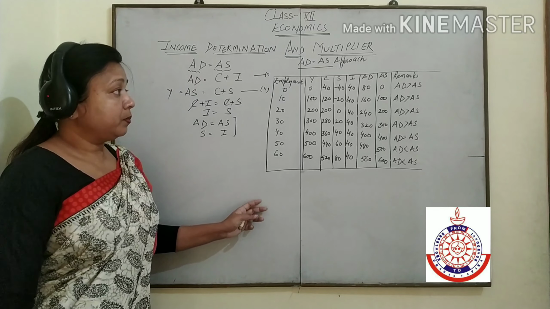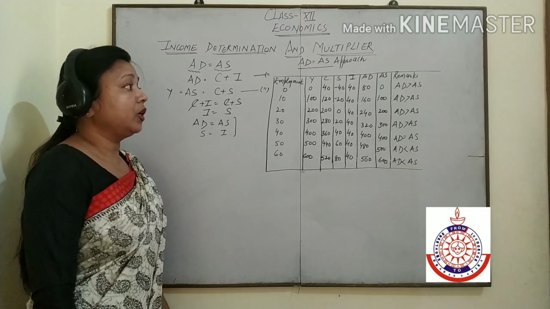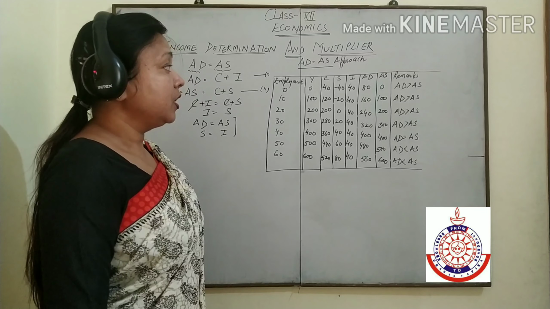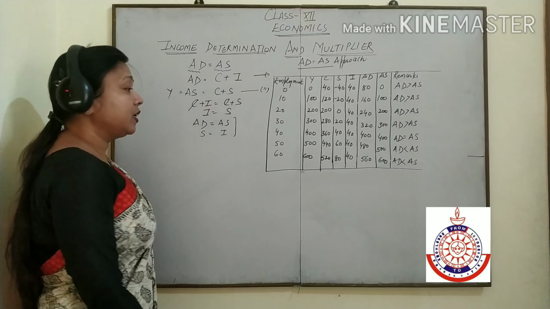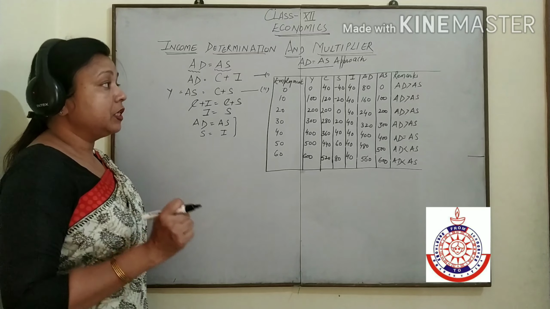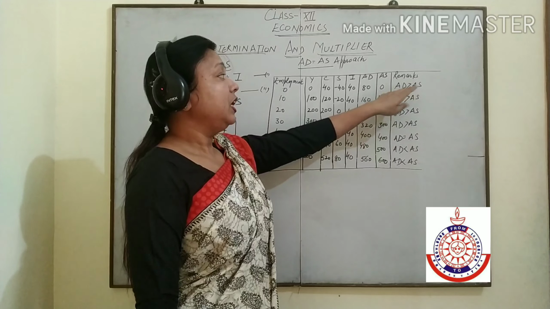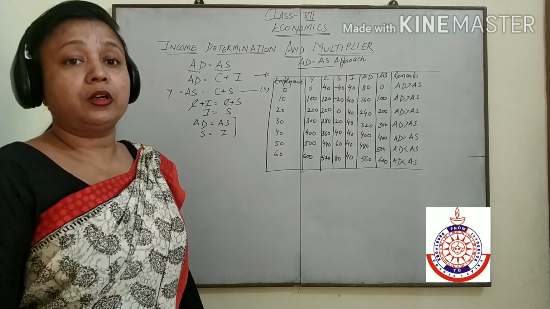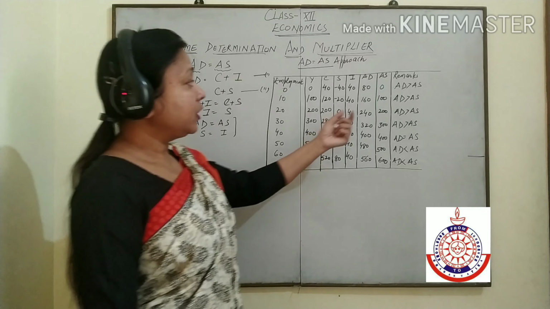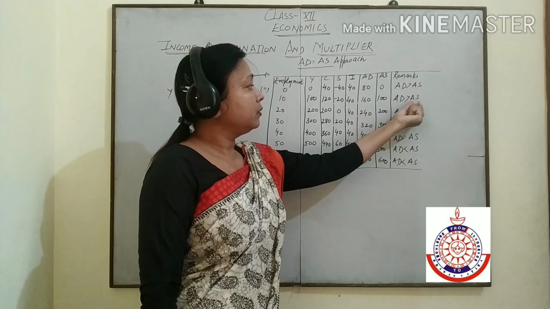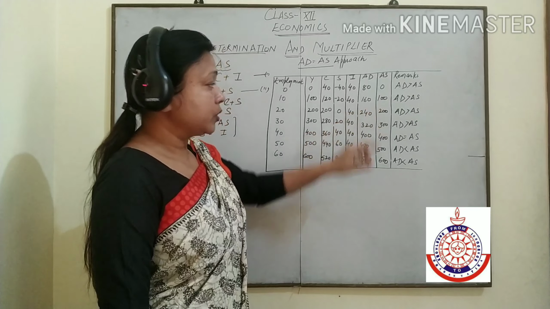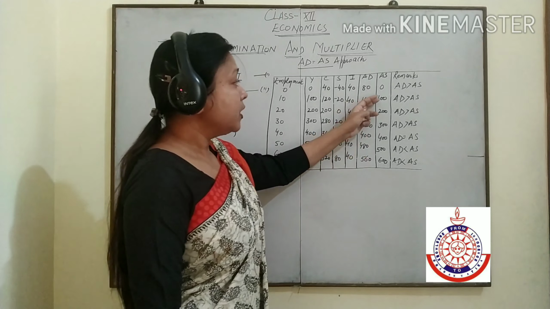Now see in this table, in the initial stage when income is 0, aggregate demand is greater than aggregate supply. If aggregate demand is greater than aggregate supply, it means the producer plans less output as compared to what consumers want to buy. So after that the producer increases the supply. Here the gap is reduced from 80 to 60.